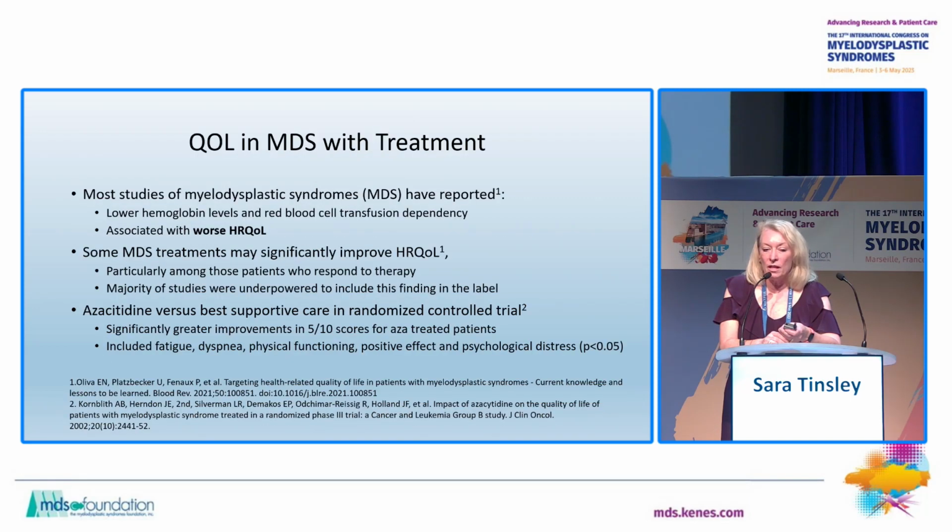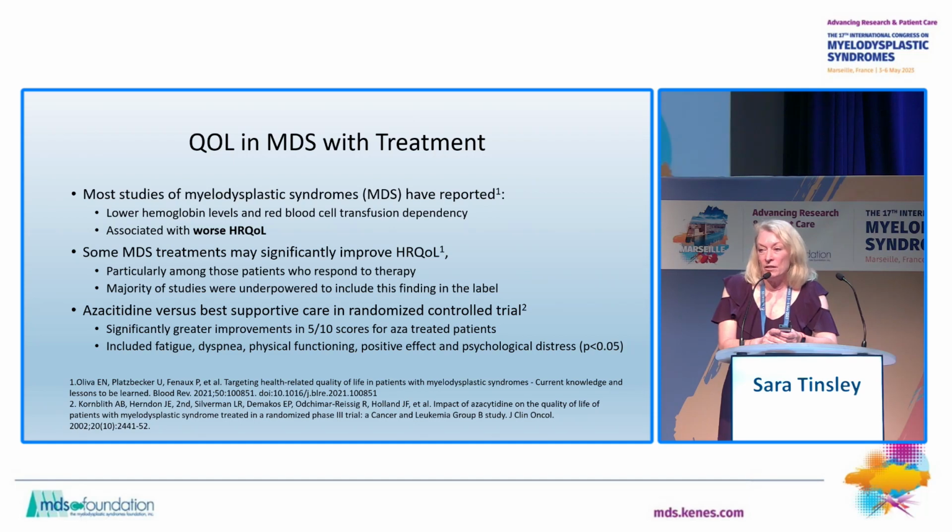And then most studies dealing with myelodysplastic syndromes have reported that, like you heard earlier, and I think we can appreciate in working with patients, that the lower the hemoglobin levels are and the more red blood cell transfusions they need on a regular basis, that has definitely been associated with a worse health-related quality of life. So we can say that with confidence.